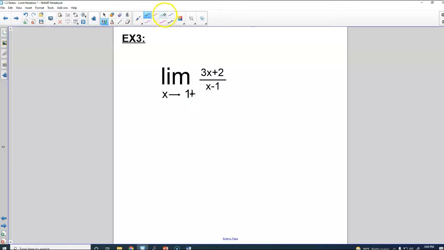Okay. So, like for this one, we would have the limit of all of this stuff right here. So the limit of this equation as x approaches 1, and then I changed it to a plus.